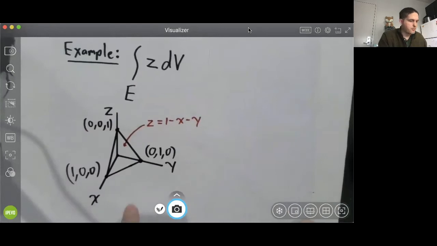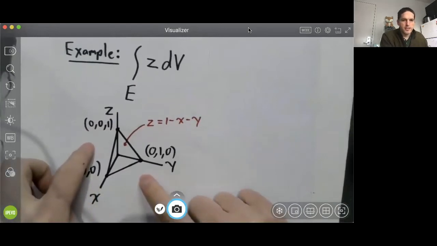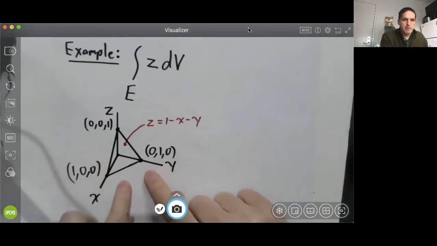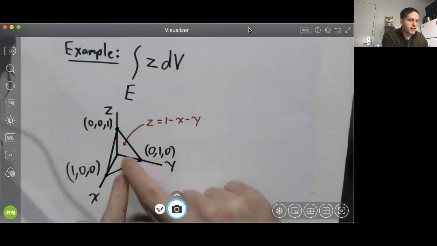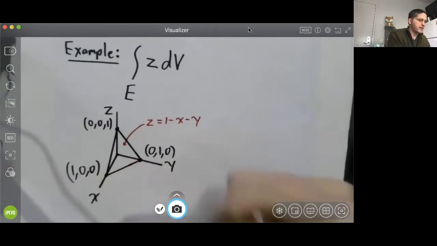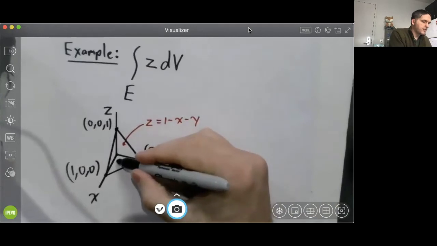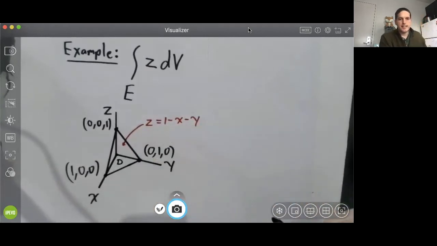Let's visualize the projection of this solid region onto the XY plane. That projection is just the little triangle that we see here. Let's call this little triangle D. D is the projection of our solid tetrahedron E onto the XY plane.